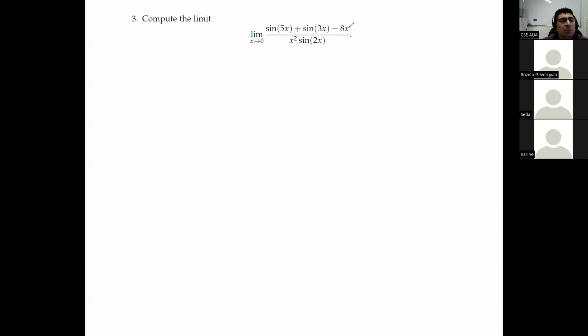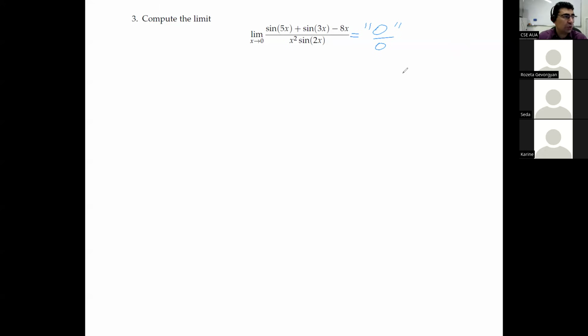Plug 0. If we plug 0, we'll get 0 divided by 0, right? Since 0 divided by 0 is an indeterminate form, we can apply L'Hopital rule. Am I right? Yes.